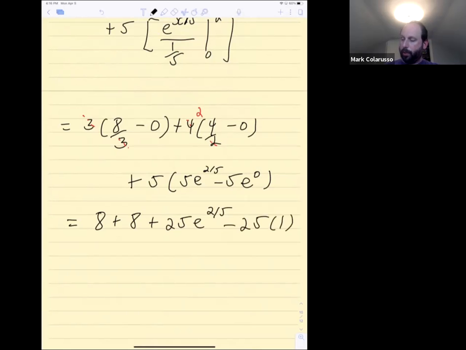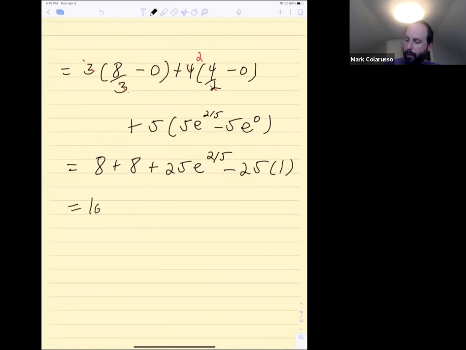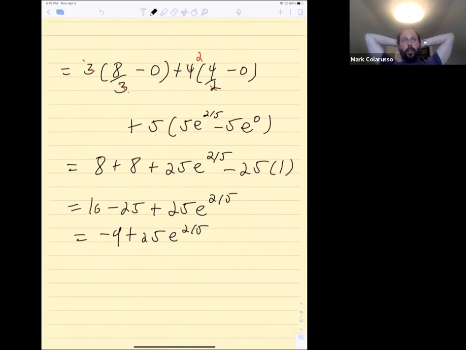So we get 16 minus 25 plus 25 e to the 2/5. 16 minus 25 is minus 9, so plus 25 e to the 2/5, and that is the exact answer. We won't put that in the calculator. If the homework asks for an exact answer, that is your answer.